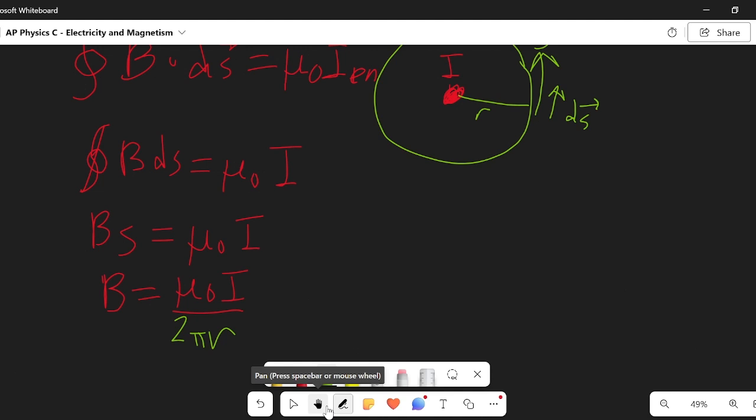For example, a long straight wire, a solenoid, conductive slabs, or cylindrical conductors containing a current density.